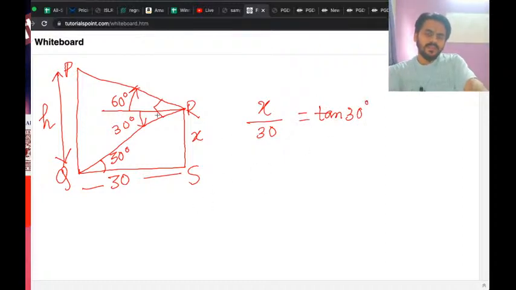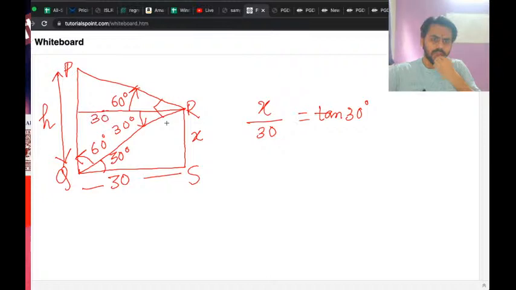And then if I look at this triangle, this is 30, so this angle definitely is going to be 60 degrees. Now in this big triangle, this is 30, so this over here is also 30.